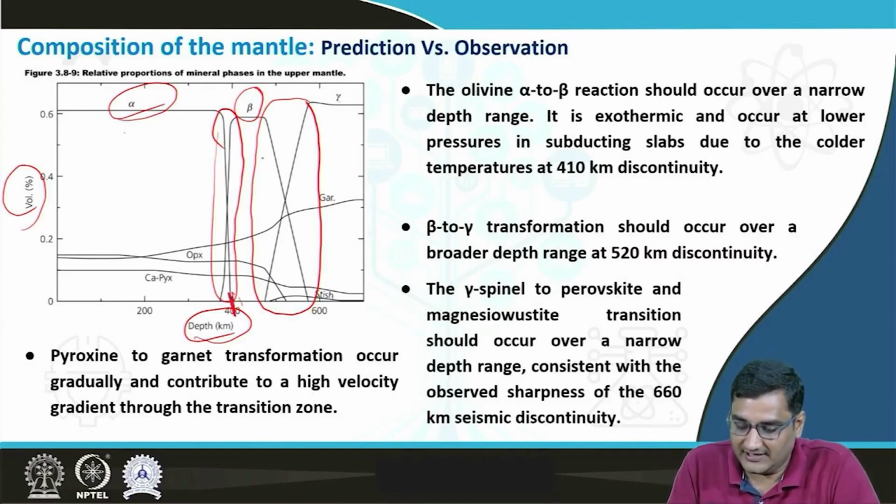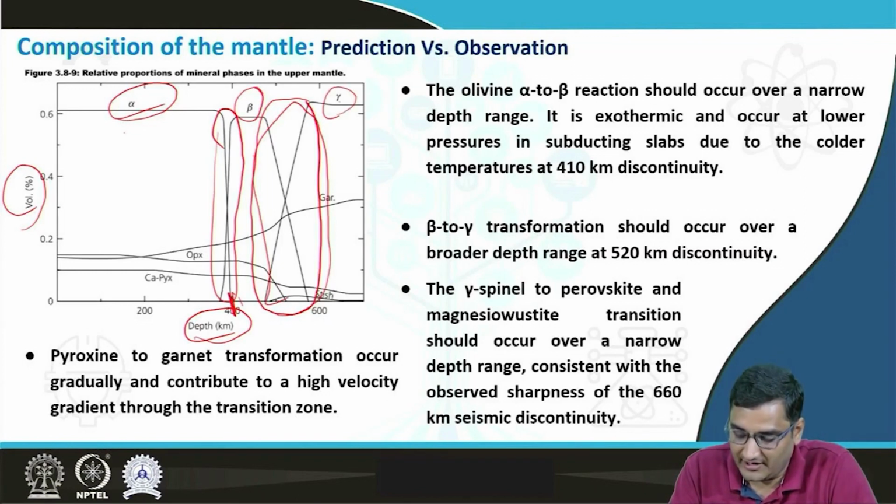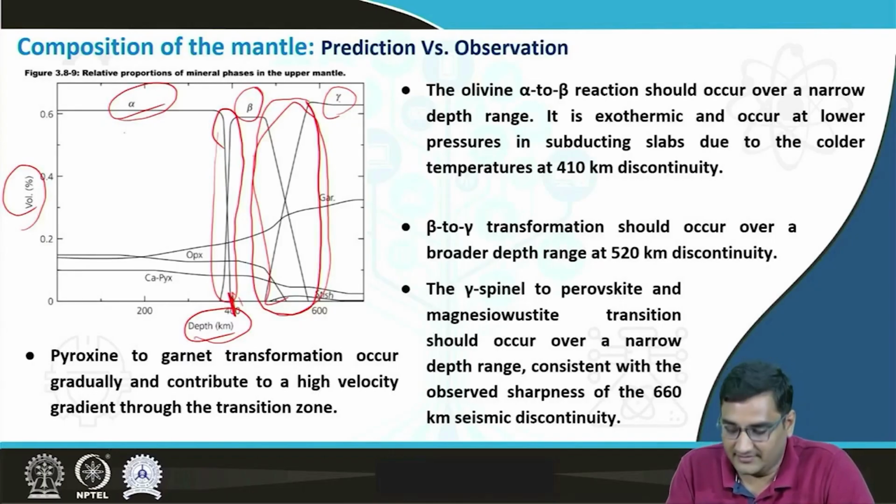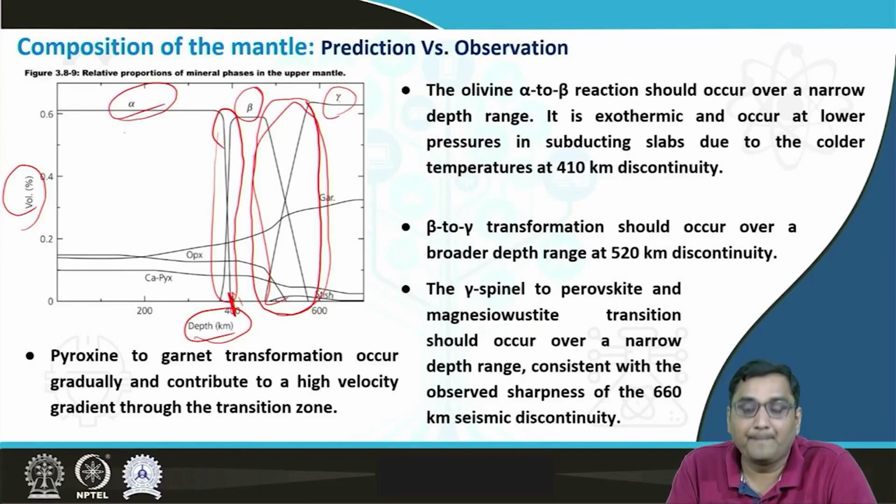While on the other hand, the beta to gamma transformation occurs at around the 520 kilometer discontinuity, and that is a broader depth range. And if you look at the gamma spinel, that changes to perovskite and magnesiowustite, and that transition occurs again over a narrow depth range, and that is consistent with the observed sharpness of the 660 kilometer discontinuity.